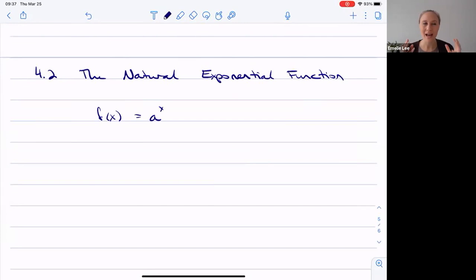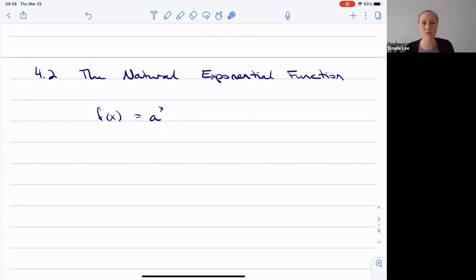And we also have some idea of their overall graph just from the type of function that we have. So now I want you to add this one to your roster: anything with an x in the power or in the exponent is going to have that growth or decay shape. So you'll know the shape of this graph just by looking at a function like this.